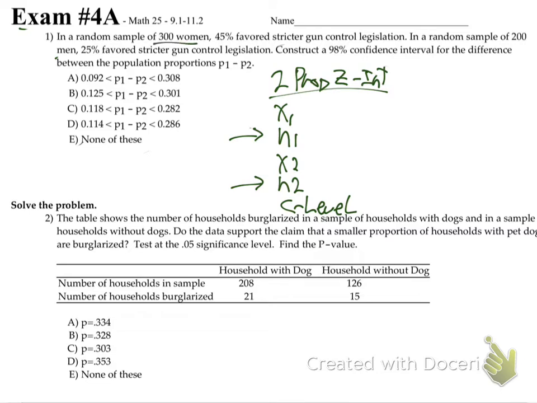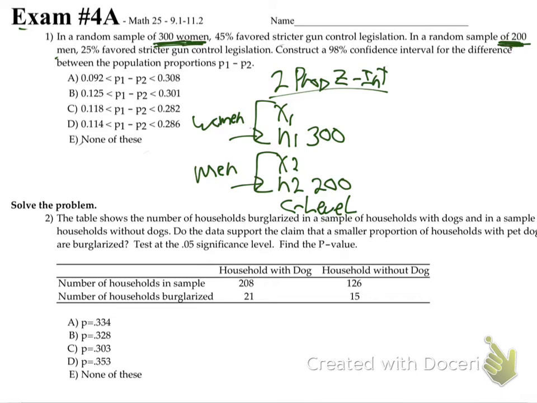So that would be the 300 women and the 200 men. Those are the N values, number of women and number of men. This is for the women right here, and this is for the men. The women just happen to come first in the paragraph.